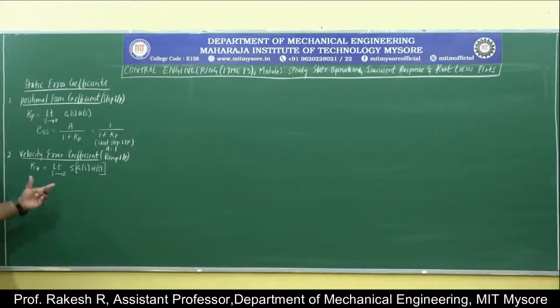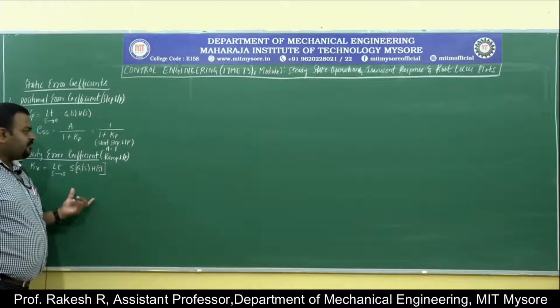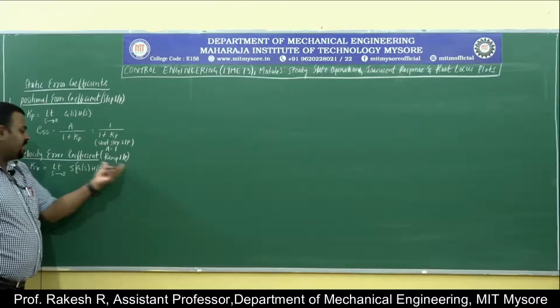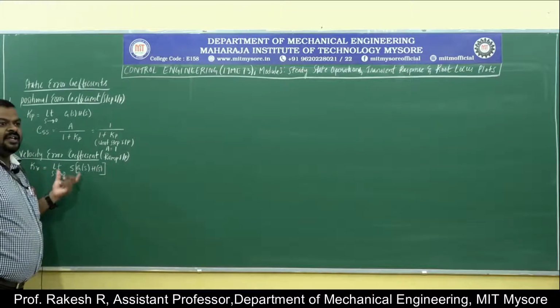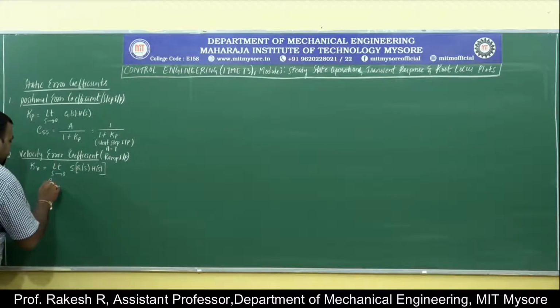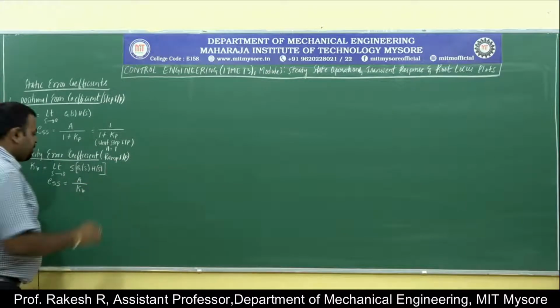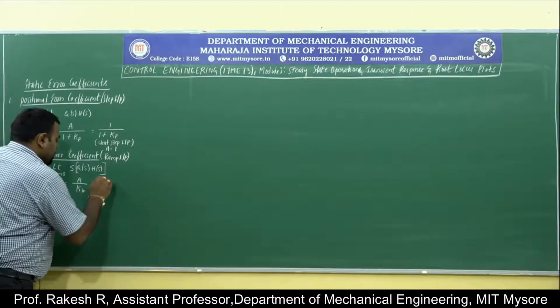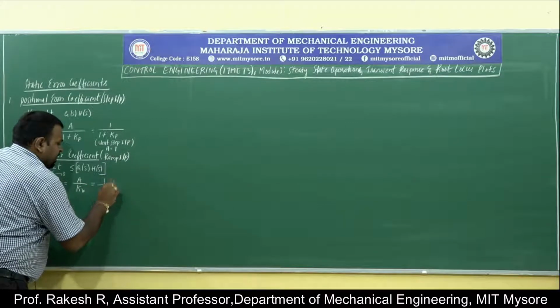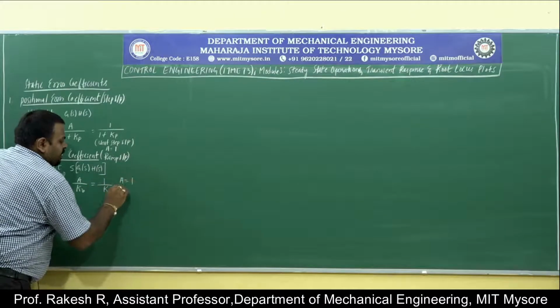This is the proportionality constant for ramp input, called the velocity error coefficient. The steady state error will be A divided by Kv. If it is a unit ramp input, it will be 1 divided by Kv, since A is equal to 1.